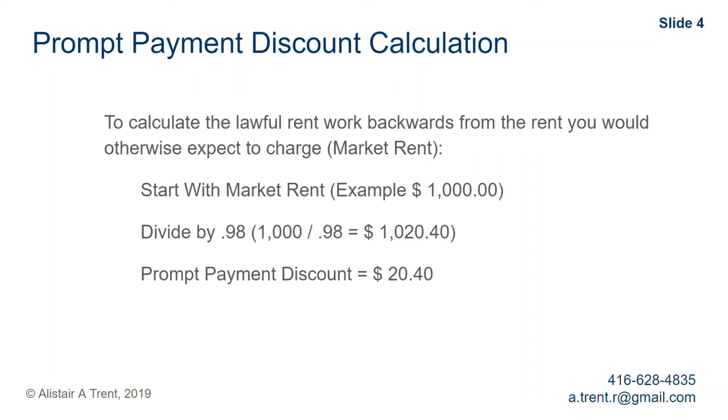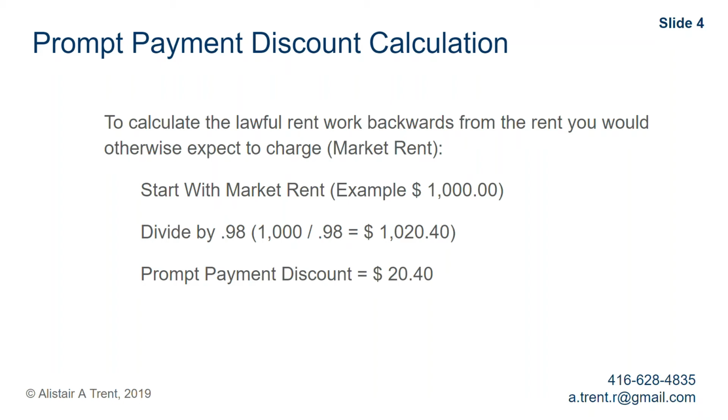So to calculate the lawful rent, work backwards from the rent you would otherwise expect to charge, which would be the market rent. So let's say that you are going to charge a market rent of $1,000 for the unit, even though that's practically impossible in Ontario these days, but nevertheless, it makes for an easy calculation.